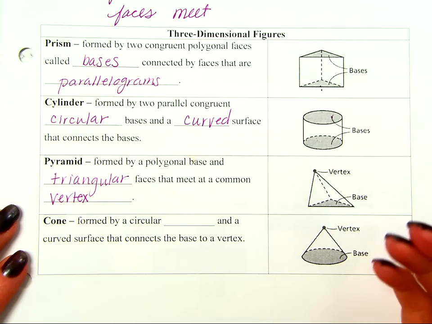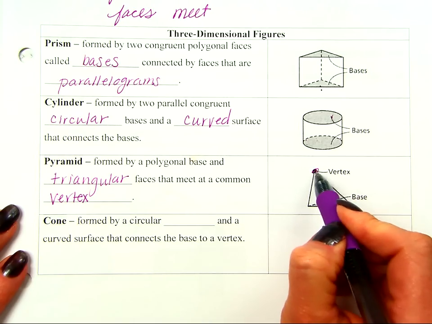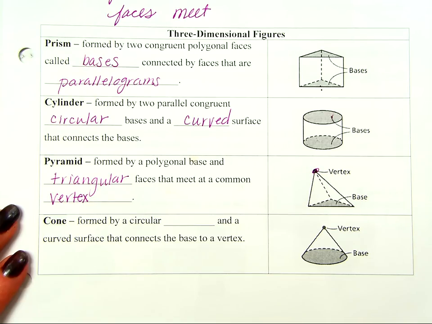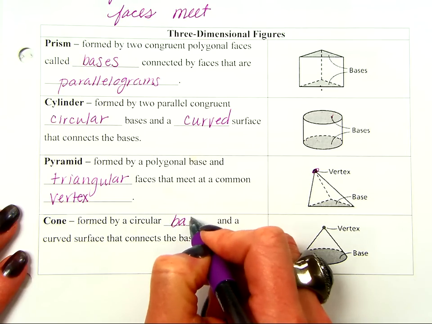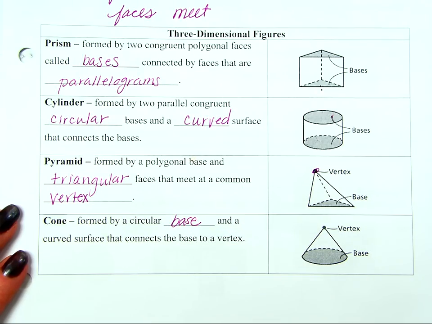My pyramid always has them come and meet at a common vertex point. Lastly, the cone. The cone is formed by a circular base and a curved surface that connects the base to the vertex. So again, we know for a cone, we only have 1 base.